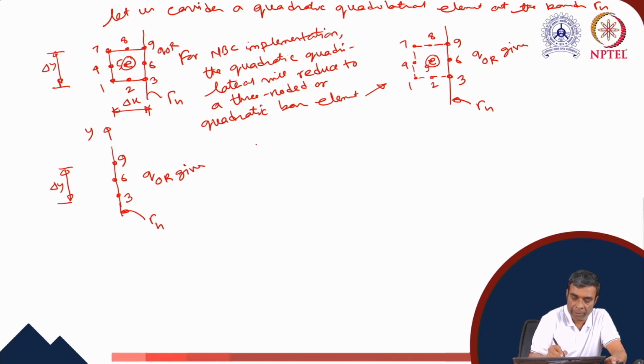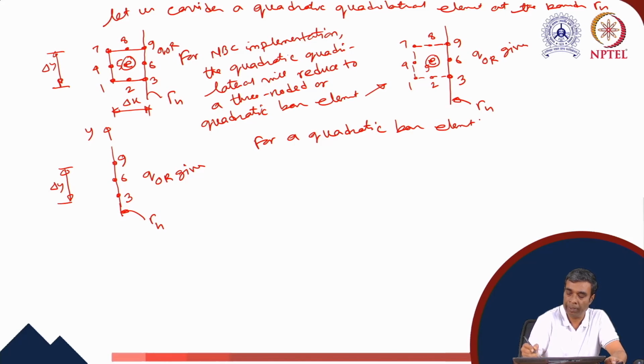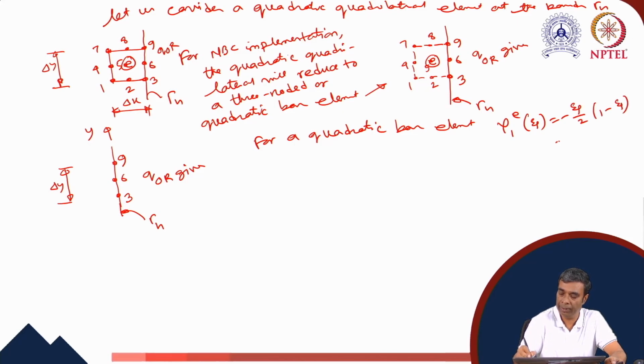Now we know that for a quadratic bar element, psi 1 of xi equals minus xi by 2 into 1 minus xi, equals minus xi by 2 plus xi square by 2.